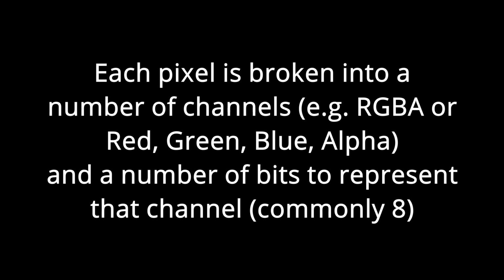So each pixel is broken into a number of channels, for example RGBA, or red, green, blue, alpha, and a number of bits to represent that channel. Typically 8 is common. That gives a value of 0 to 255 for the red, green, blue, and alpha respectively.